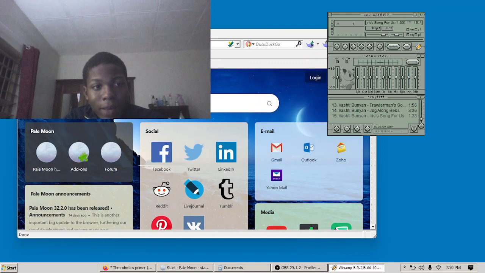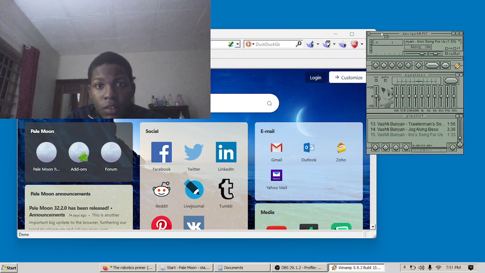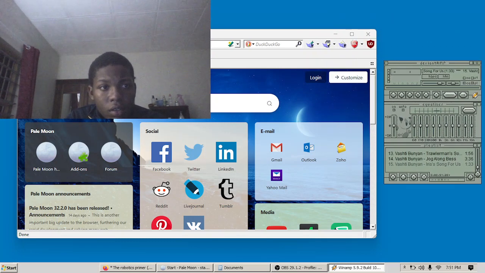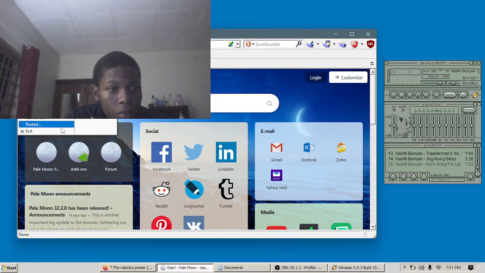Also, I do like Pale Moon. I really recommend the browser. It's a fork off of a certain version of Firefox. I don't know all the information about it, but it's very cool. It has a nice aesthetic. The extensions that you can get actually change the look of it. So this is an extension that I got. Let me see if I can disable it.